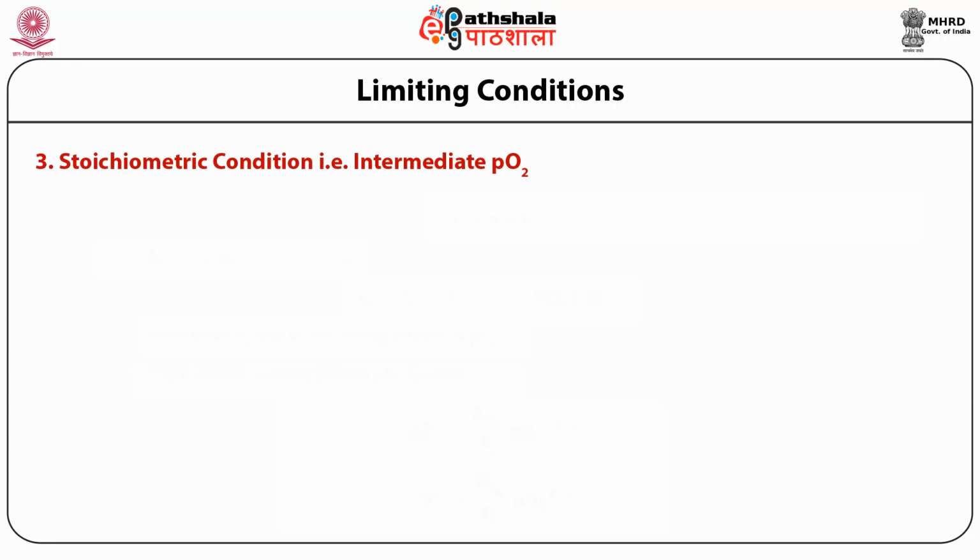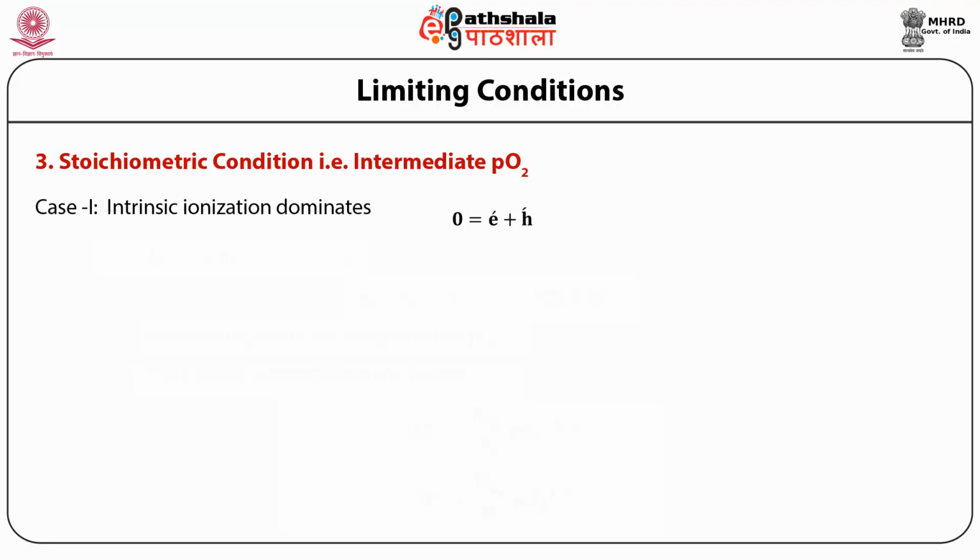So the third case is stoichiometric conditions, that is intermediate partial pressure of oxygen. The first case is intrinsic ionization domination, that is where intrinsic ionization is dominating.